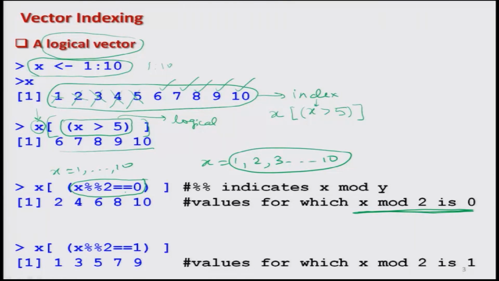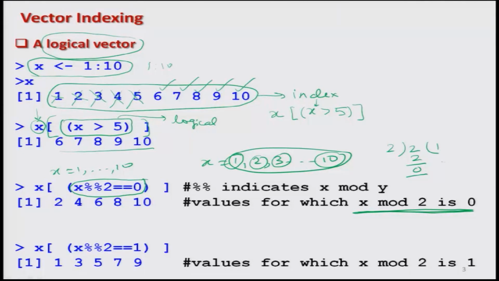And this operation happens first at x equal to 1, x equal to 2, x equal to 3 and up to x equal to 10. And then it gives me all the values for which x modulo 2 comes out to be 0. For example, if I say 2 divided by 2, the answer comes out like this: the quotient is 1 and the remainder is 0.